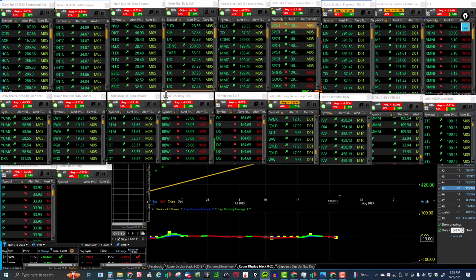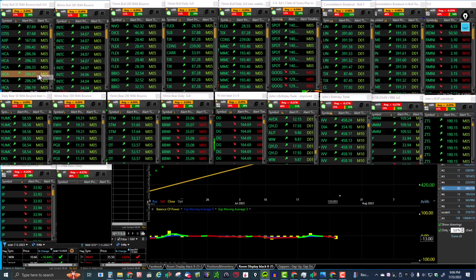Here we are. Okay, I got this LTA scanner. See all these windows? I never run out of plays. Never, ever. So if something's not working, I can end that trade and this one will find a new one.